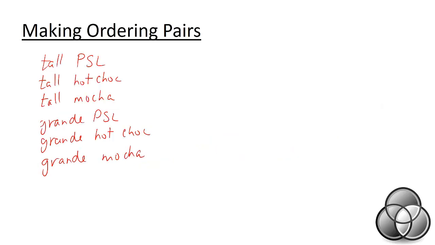On this slide, we're going to summarize what we wrote down on the last slide, plus create some ordered pairs. So here's the list of what we were able to order. Let's condense this list a little bit using some short forms. For tall PSL, we could write this as T, PSL. T stands for the size of our drink, and PSL will be the drink order.